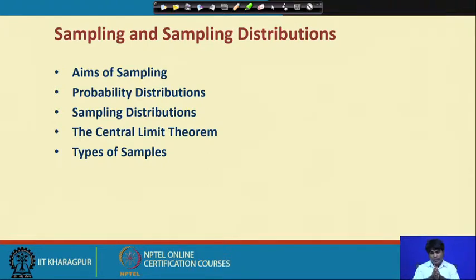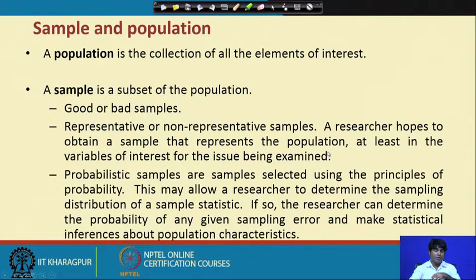In fact, the central limit theorem will give you the clue about the optimality of the sampling structure to work out the solutions for the engineering problems. And in fact, population is the set of all elements, like set and subset. So, we have the game between population and samples.